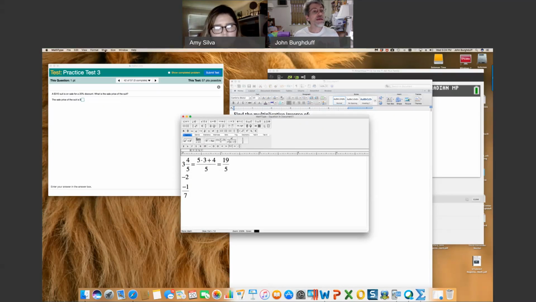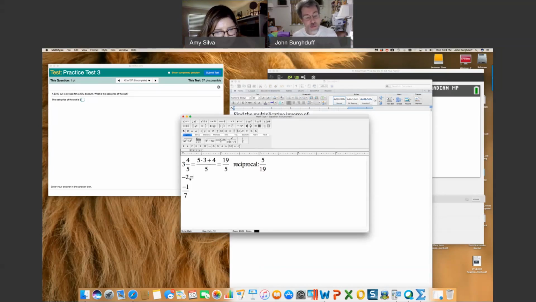But if you take that and just flip it over, then the reciprocal becomes 5/19. So make a mixed number into an improper fraction first, and then take the reciprocal. So 5/19 would be the answer. Yeah.